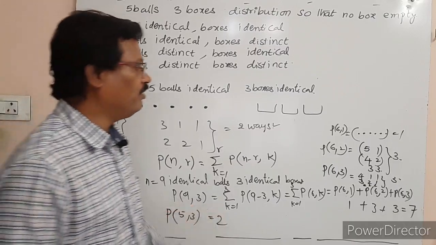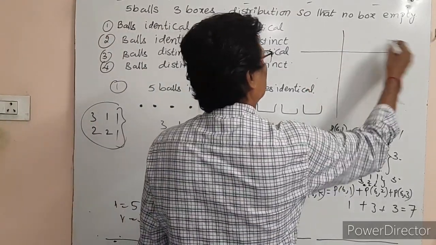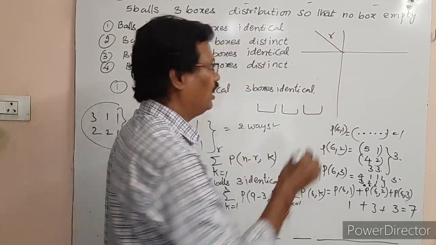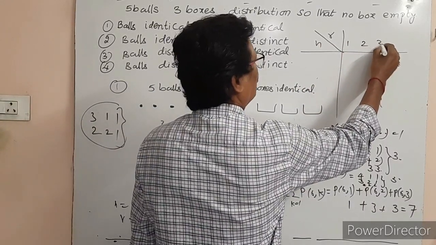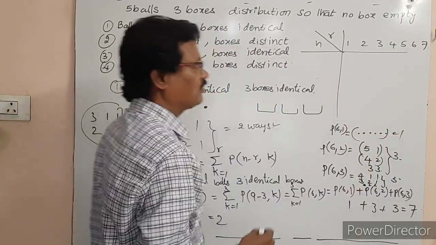And there is a table for the partitions that I am writing here. This is r, number of partitions, and number of balls n. This is 1, 2, 3, 4, 5, 6, 7.